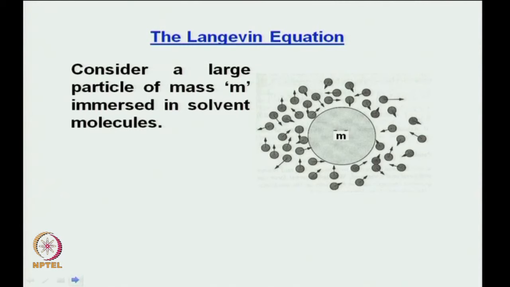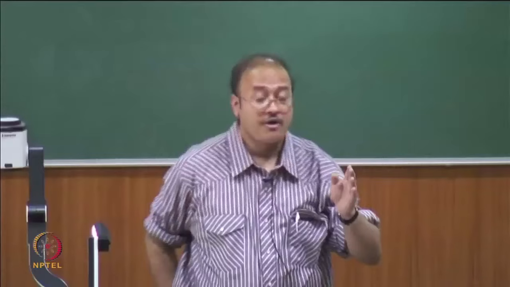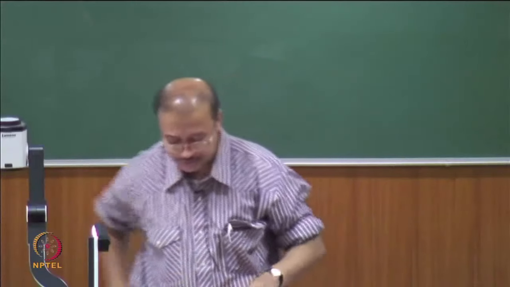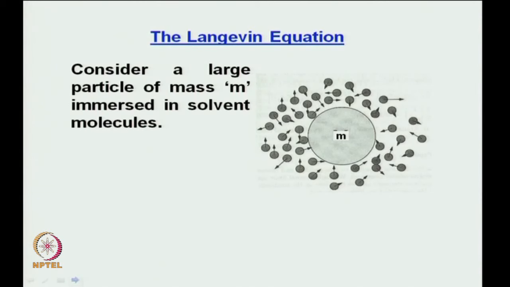Now realize this, if you have a big mass m in a solvent of small molecules, then what will happen? The solvent molecules will always collide with this, but also remember that this collision would be random in nature. You look at these arrows, there is no specific direction, and you would not expect it to be, because you have thermal energy, thermal fluctuation.